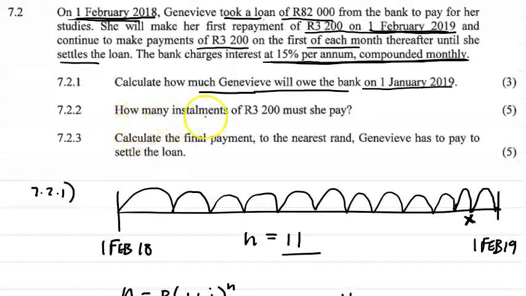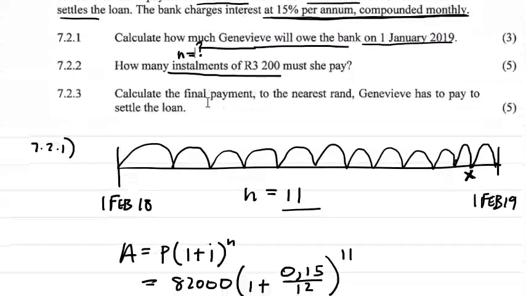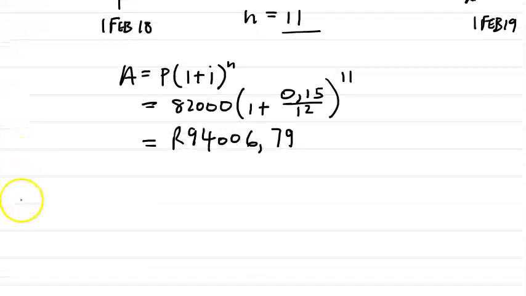How many installments of 3,200 rand must she pay? How many installments means that we're going to be calculating the n value in our present value formula. So let's look at that. 7.2.2.